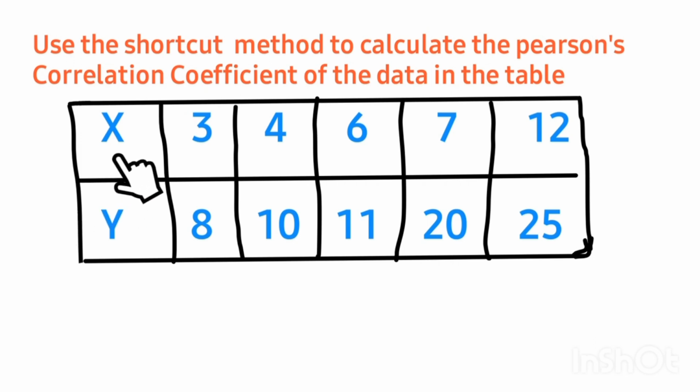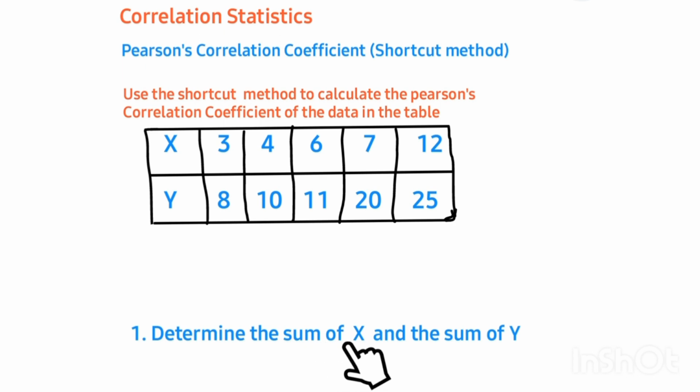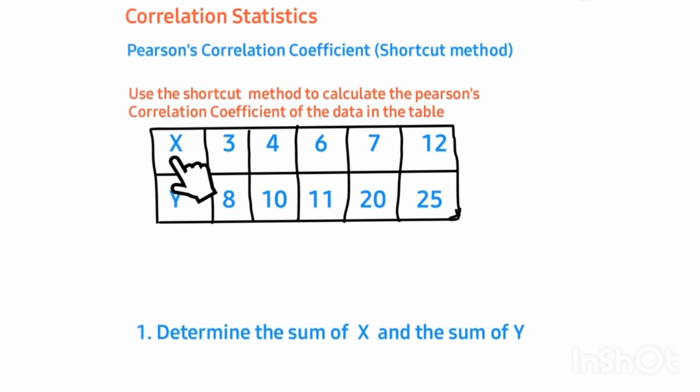We could see the following data sets, right? We could see the row X and row Y. Alright, step 1 says, determine the sum of X and the sum of Y. This takes us back to our table. We could see the X row here and the Y row here. So the sum of X simply means the addition of all the X values.